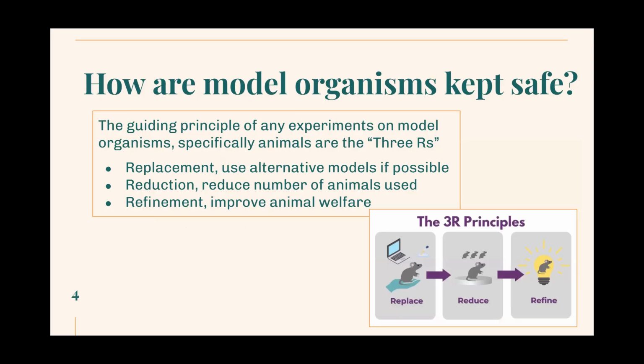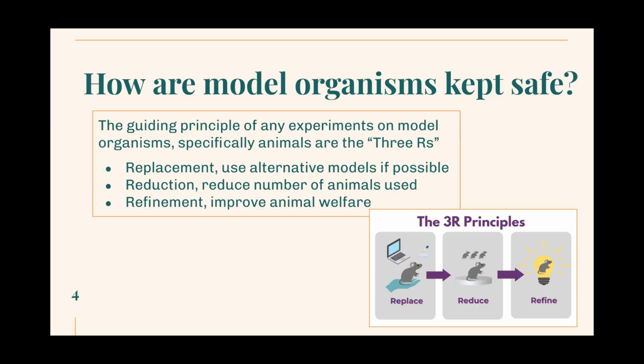So you might be wondering, as model organisms are animals and we never want to mistreat an animal, how do we keep model organisms safe? Well, the guiding principle of any experiment on model organisms, which scientists always have to keep in mind, is the three R's, as well as just overall a sense of ethics and morality. The three R's are replacement, which means whenever it's possible, a scientist is going to use an alternative model, whether that be modeling the experiment on a computer or running something on a petri dish.